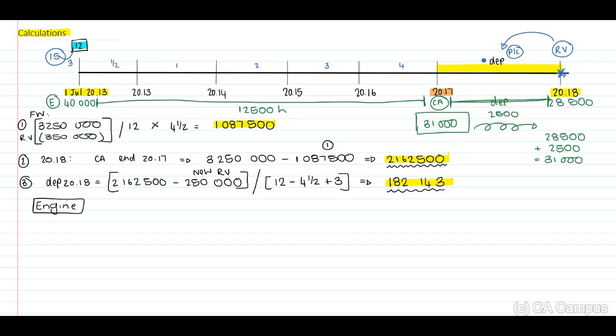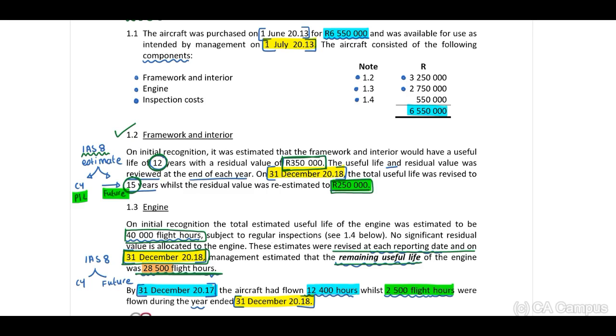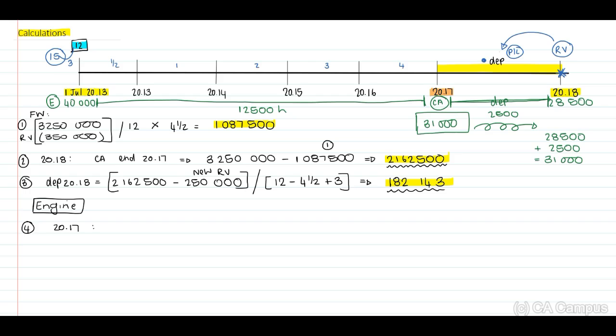Now, our first step, we need to determine our accumulated depreciation calculation for 20.17. Our cost in terms of the given scenario, guys, is the 2,750,000. 2,750,000. Divide this by the original 40,000 times 12,500.